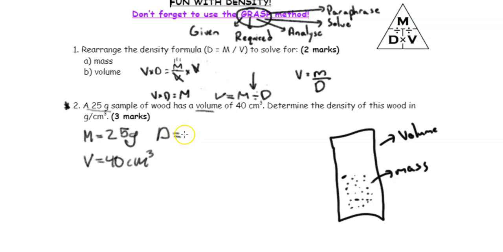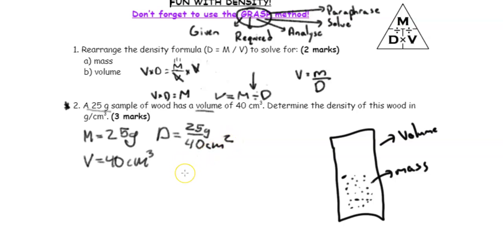And what's the equation? D equals... I want you to write the equation first. Don't substitute yet. This is me being very picky as a physics and science and math teacher.